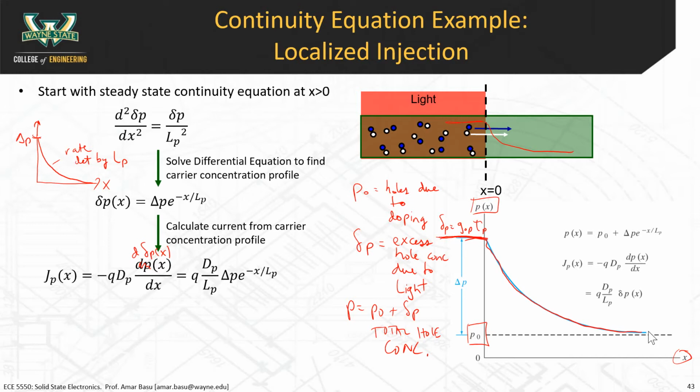That's why the carrier lifetime is the average time that it takes for a carrier to recombine. And the diffusion length is the average distance a carrier travels before it recombines in this type of situation.